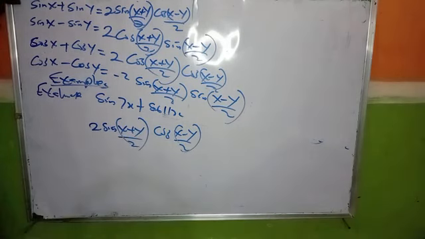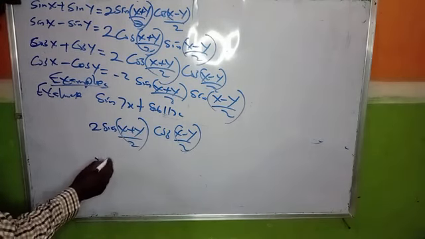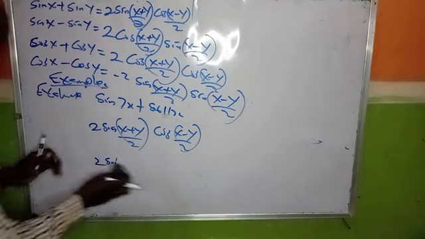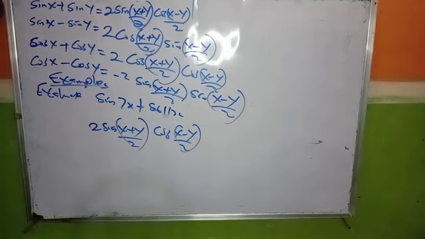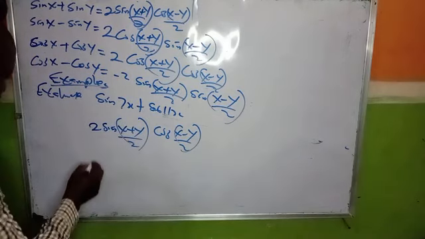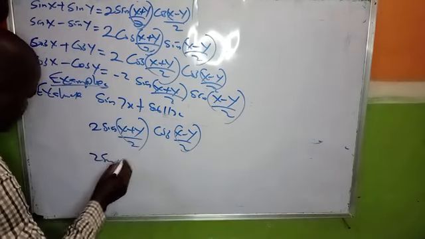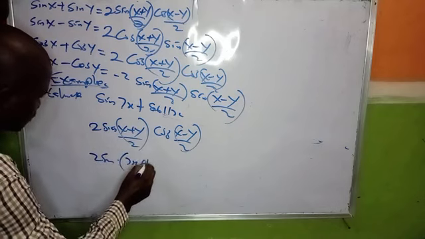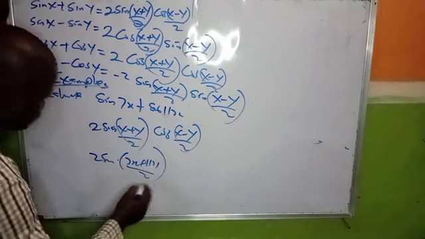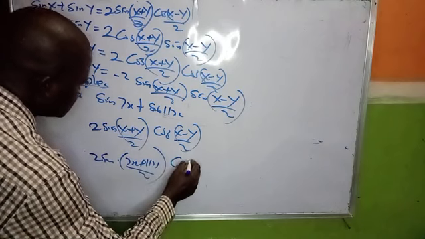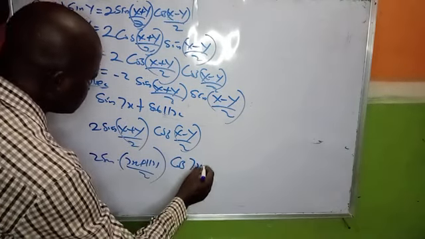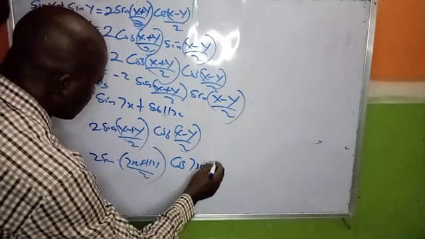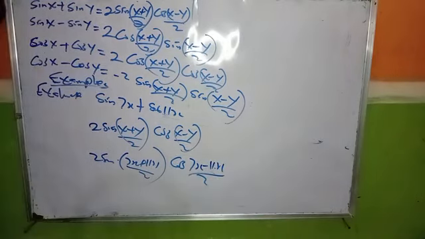Then what are you going to do now is 2 sine. Here it is 7x plus 11x divided by 2, cos 7x minus 11x divided by 2.